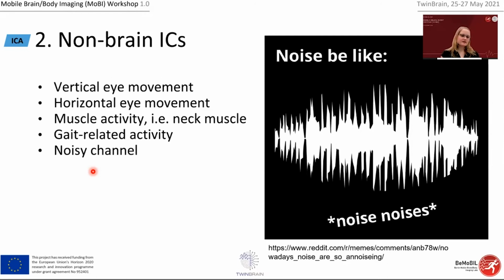So what we're going to look at is vertical eye movement, horizontal eye movement, muscle activity, especially a neck muscle, and gait-related activity, and some noisy general things.